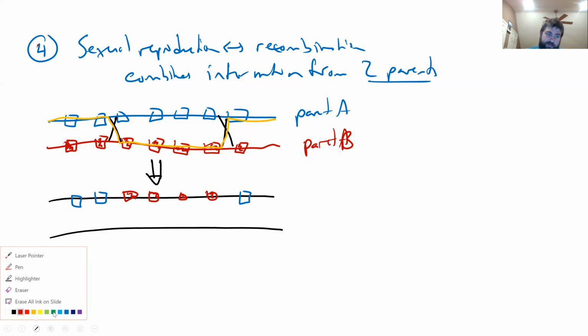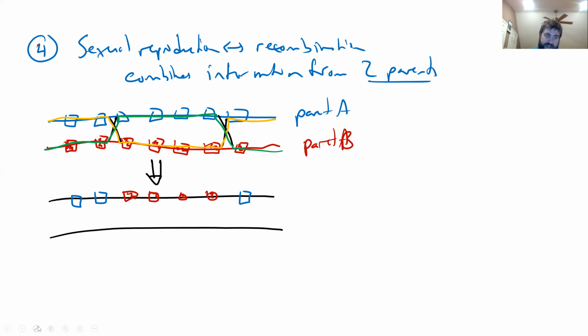second progeny would walk along in the other way, beginning on parent B, following the crossover, walking along, following the crossover, and across.